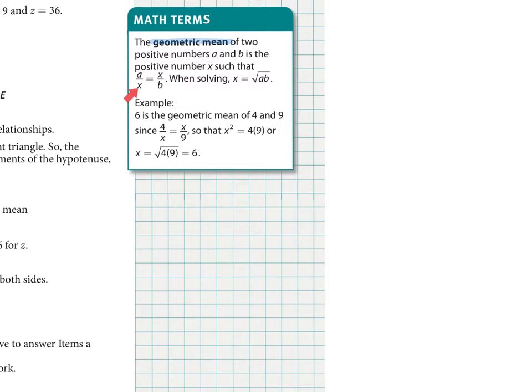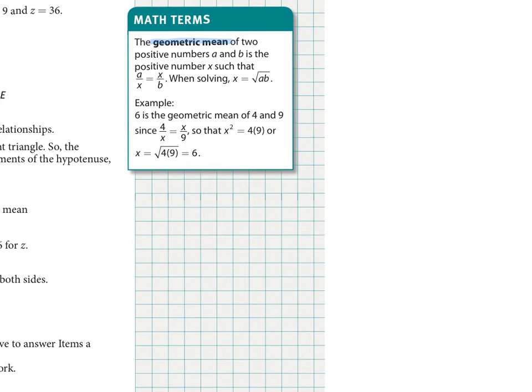In this case, it's going to be x. The other one is going to be two different numbers. So before we had x and p, and then we had u's across the board. So when we solved it, we had u equals the square root of x times p. That's going to be the same thing here. We're going to have x equal a and b multiplied, and then we take the square root of that. When we solve, x will equal the square root of a times b.